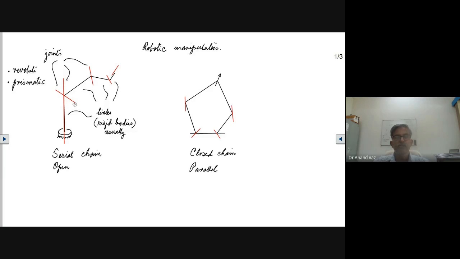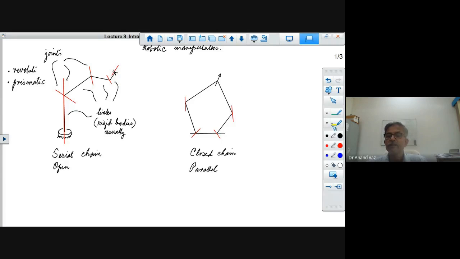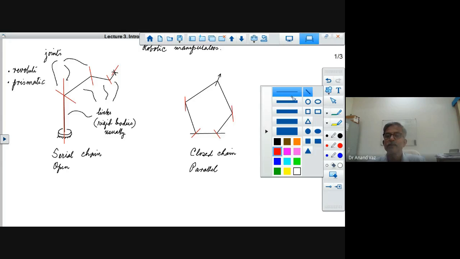the question is now, suppose we are interested in the motion of the tip, let us say, of this point here. Let's say that there is a tool which is connected here.